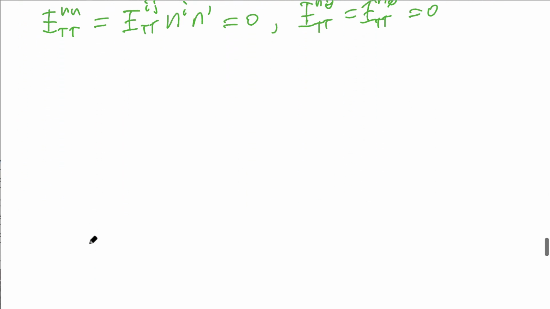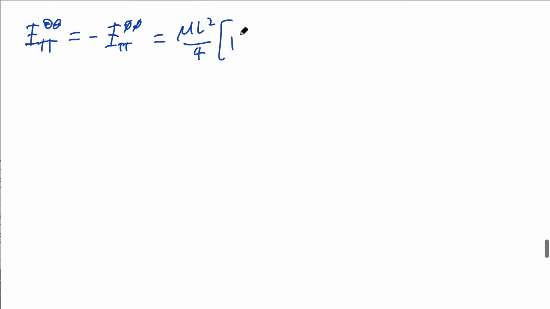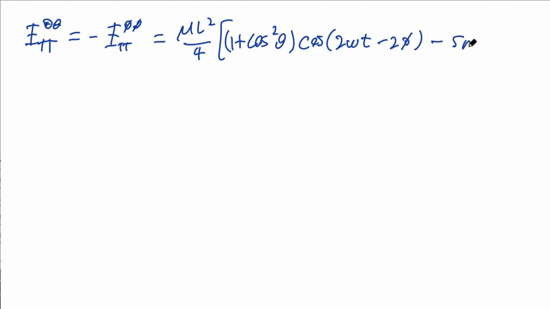The results are I bar TT theta theta equals minus I bar TT phi phi equals mu L squared divided by 4 times 1 plus cosine squared theta times cosine of 2 omega t minus 2 phi minus sine squared theta.